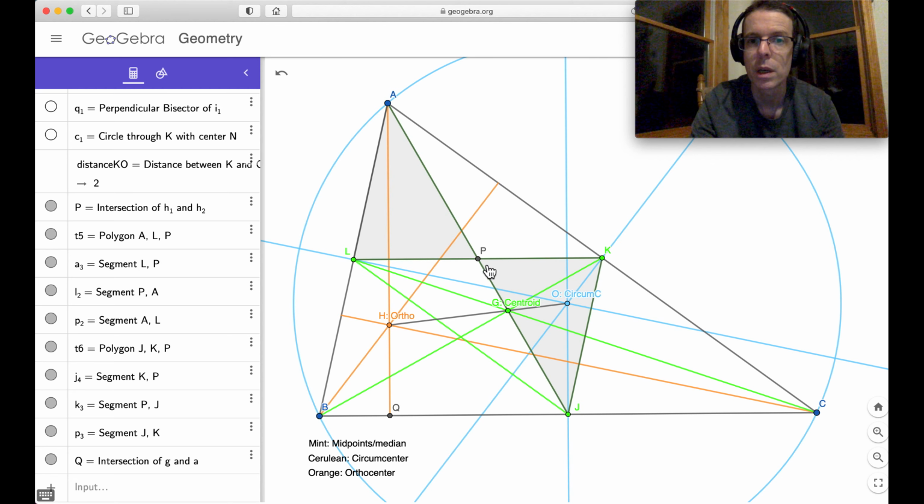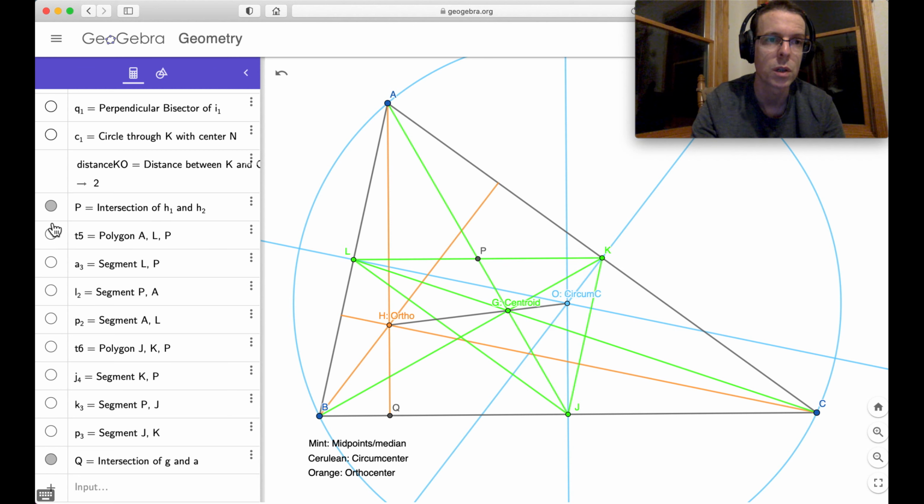Why do I care? Because if P is the midpoint of the segment LK, then indeed the median AJ of the original triangle is also a median of the medial triangle JKL, because it passes from the vertex J to the midpoint of the opposite side of the medial triangle, here represented in green.